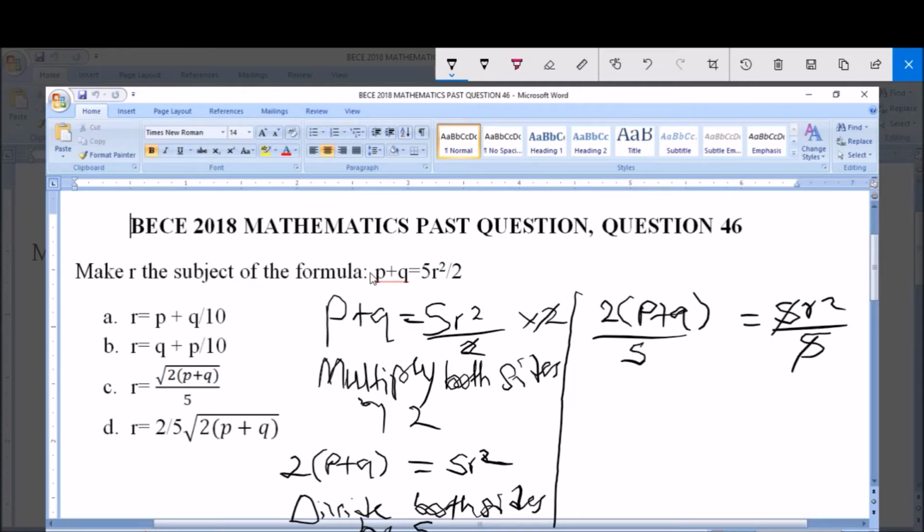The 5s cancel, so you have 2 into P plus Q, close brackets, all over 5 is equal to R squared.